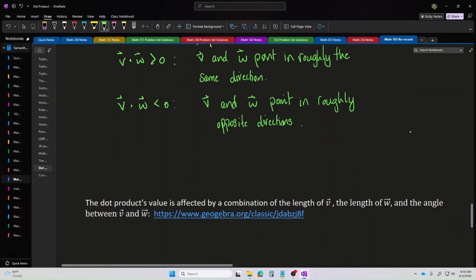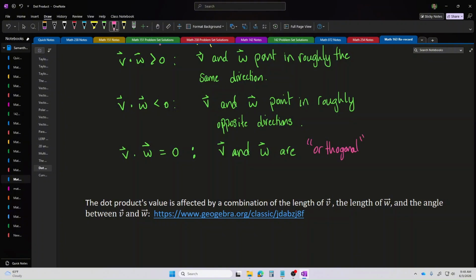And if the dot product is equal to exactly 0, what we say is that the two vectors are perpendicular, or you might also hear the language orthogonal. Basically just a fancy term for perpendicular.